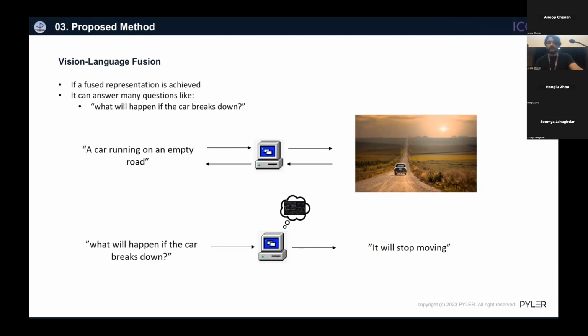The answer is it will stop moving, but actually in the video, the car never broke down, right? It was running. So how can we achieve that? I think for that, we need to learn a unified representation from text and video. It's like instilling some kind of imagination capability in the model.